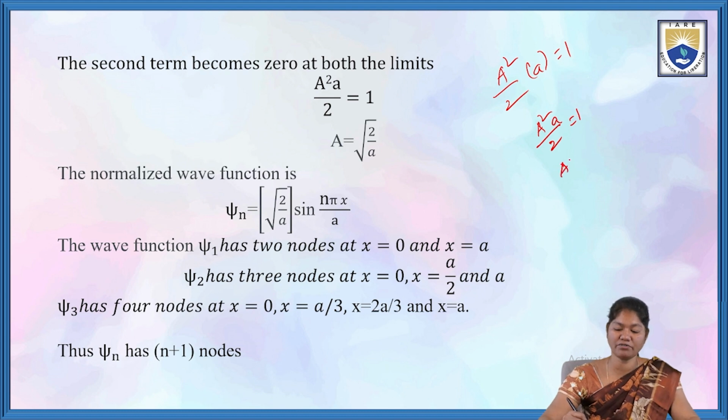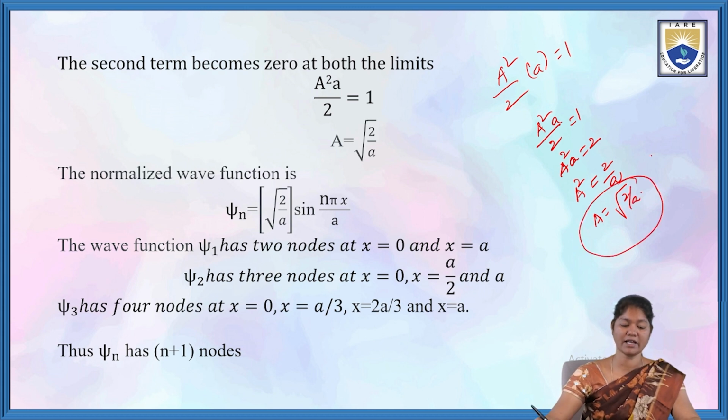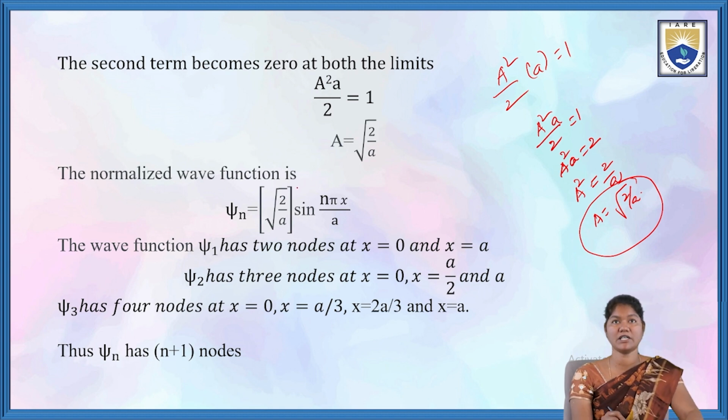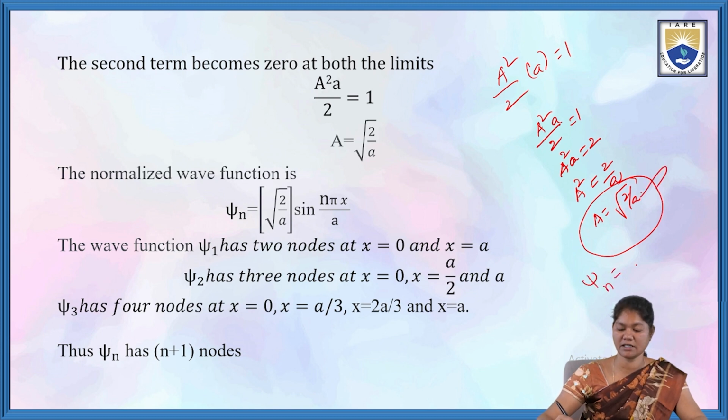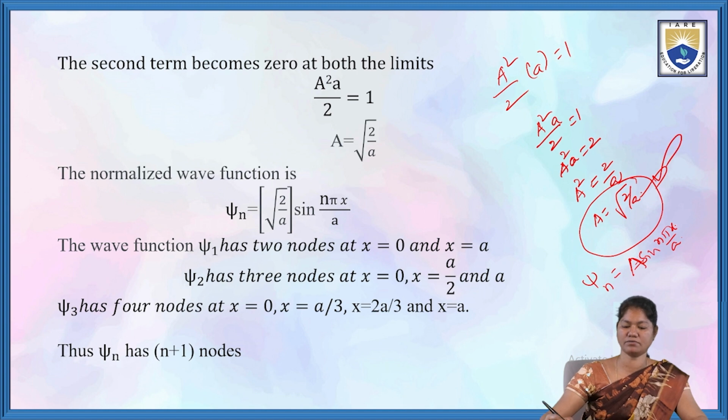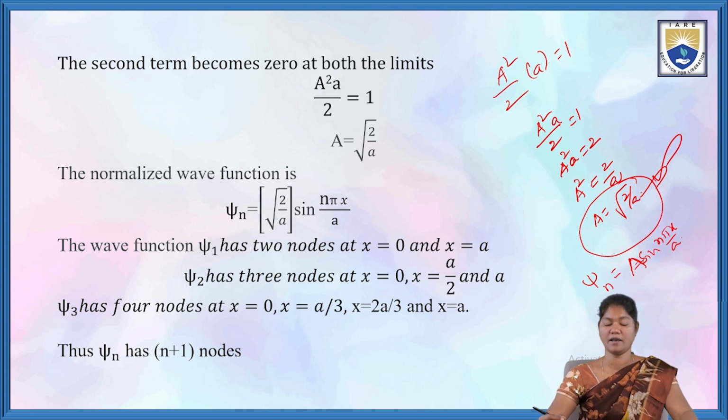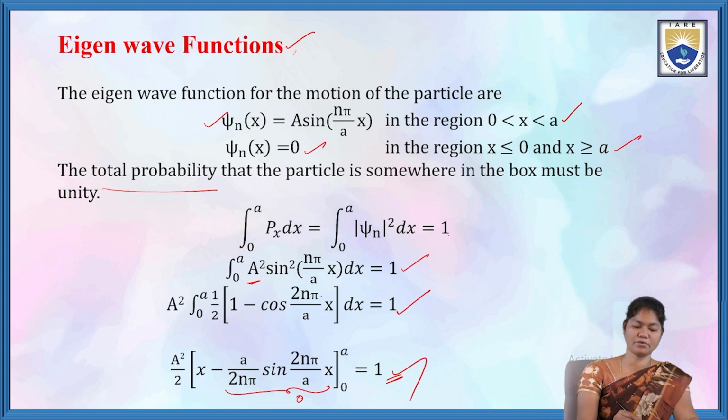So what is the value of A? A square a is equal to 2. So A square is equal to 2 by a. A is equal to root 2 by a. So this is the A value. So the normalized wave function is: in the eigen wave function psi n is equal to A sine(n pi x by a), we are substituting this A value.